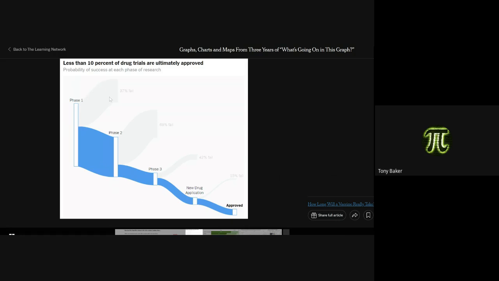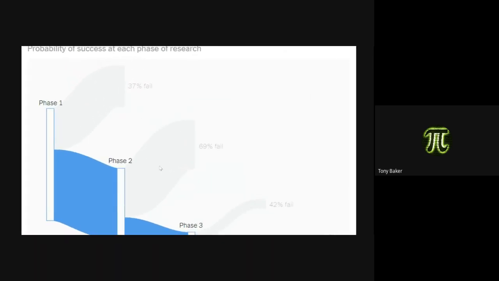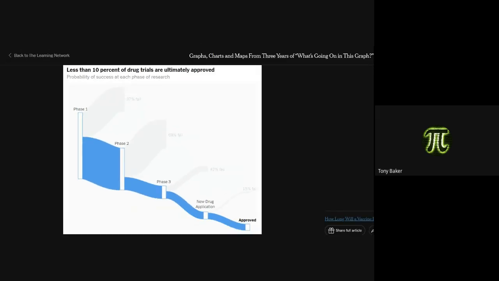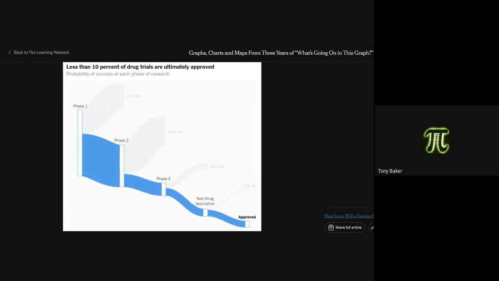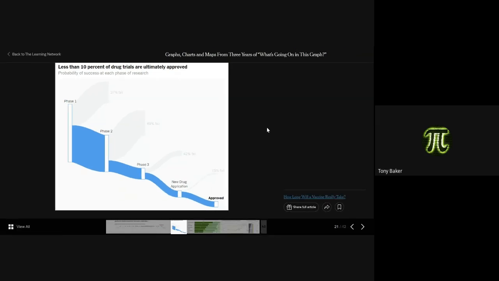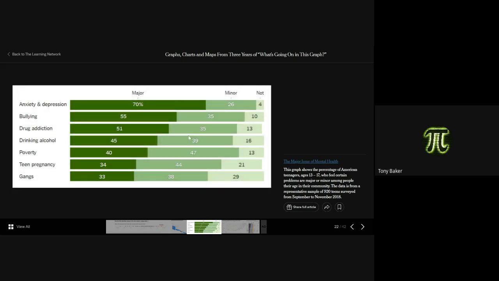And if you see, there actually is another bar that says failed in each one, so you can see the percent breakdown. That's why it was so crazy that almost every COVID vaccine that came out was approved for trials, because it's not typically that way. I haven't looked at most of these graphs, so.